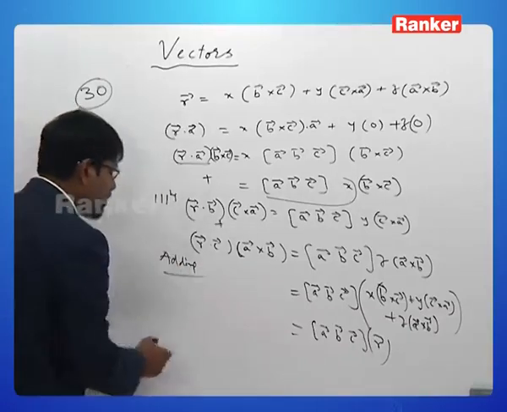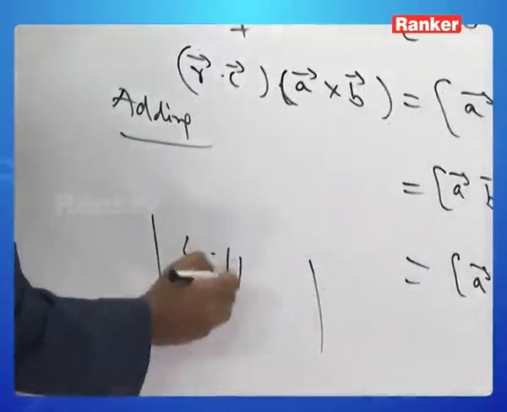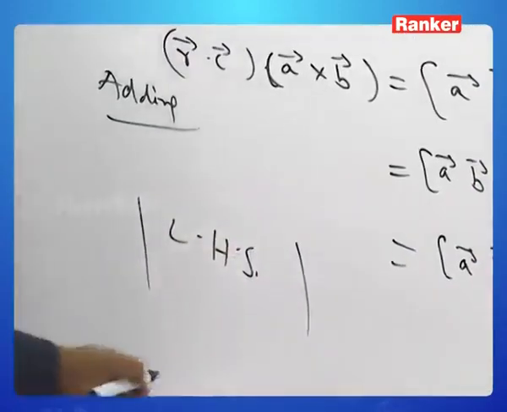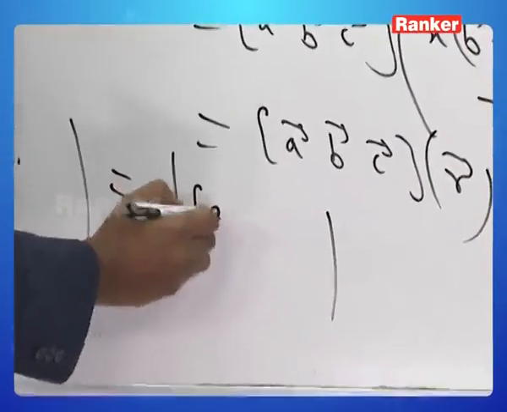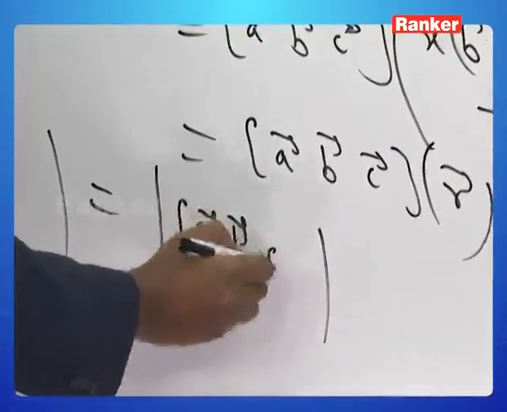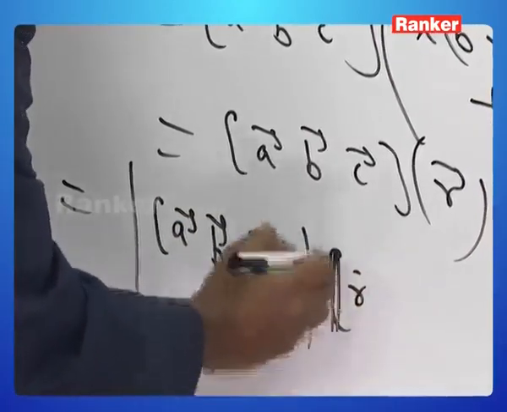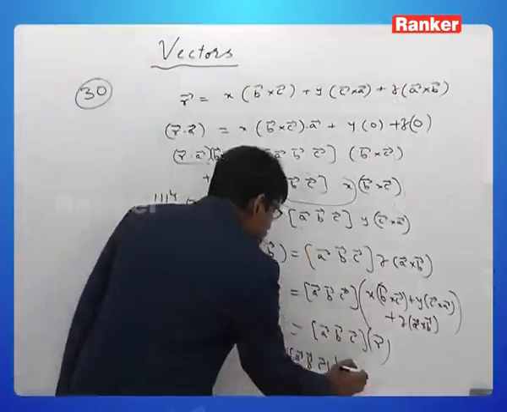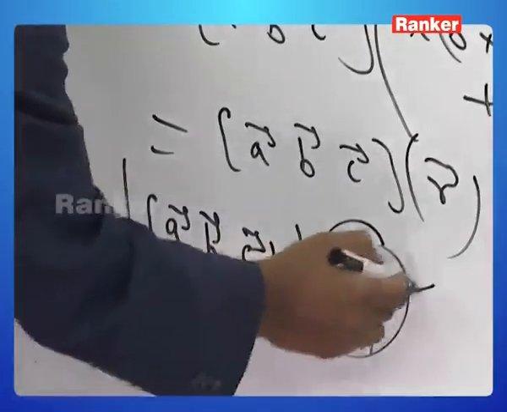We want the magnitude of it. Therefore, the magnitude of the left hand side, LHS, after you add up, is going to be modulus of box of ABC into magnitude of R bar. But he says that R bar is a unit vector, so the magnitude of R bar is 1.